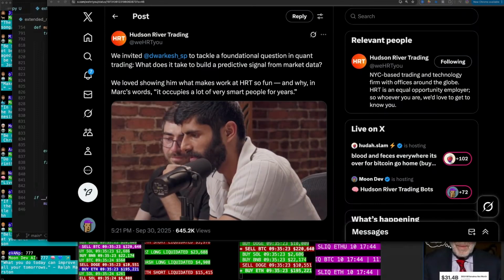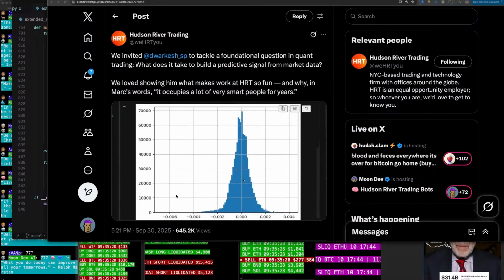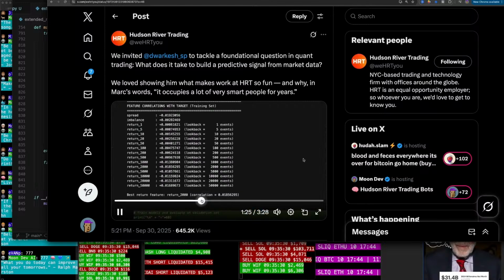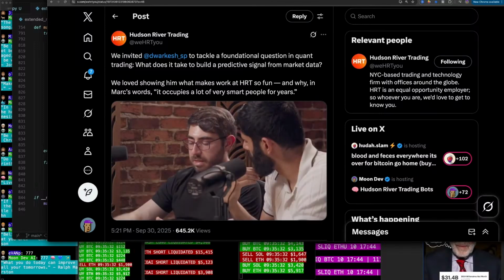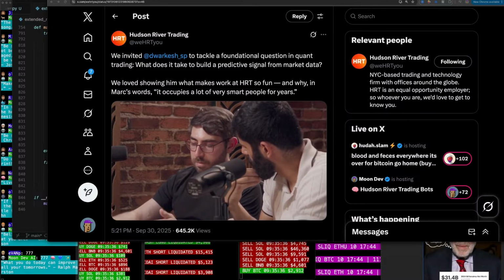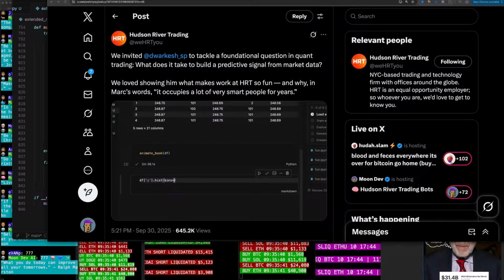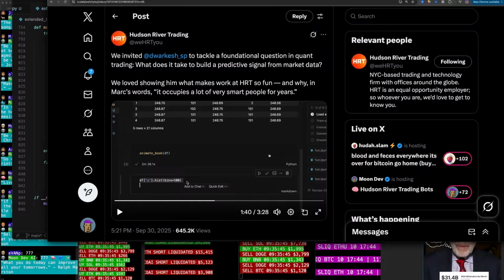What is the shape of the prediction? Okay, so these are the targets I gave you. What kind of pops out immediately? Okay, that's just calculating return.